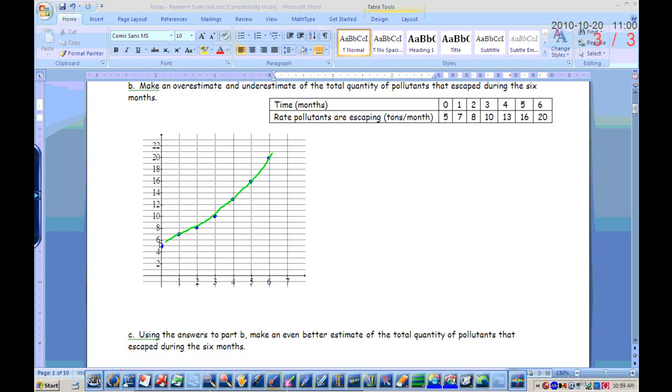Let's just talk about month 1. Our underestimate was that 5 tons per month escaped. What would an underestimate during the second month be? 7. Good.